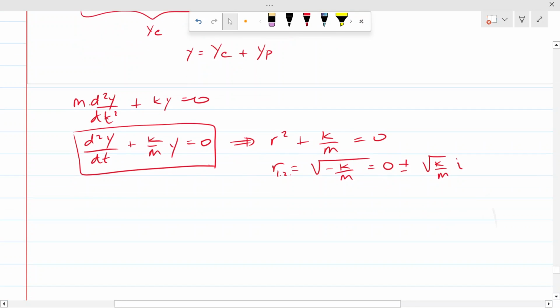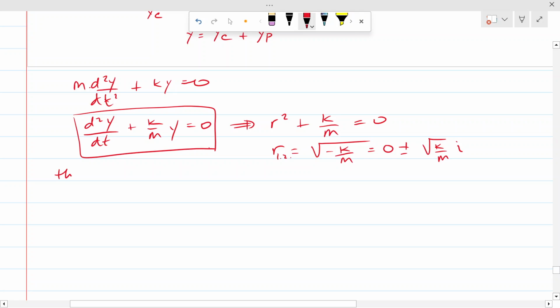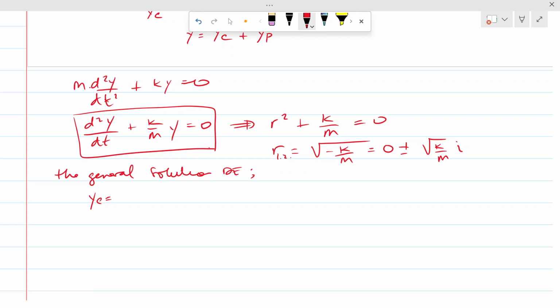In this case, the general solution for an equation that has a complex root, yc, will be in the form e to the power of alpha t times a cos beta t plus another constant b sin beta t.